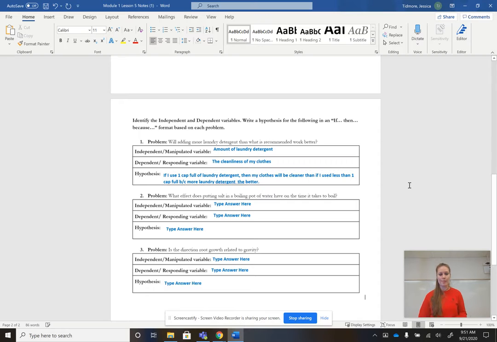So for this example, I did use my independent and my dependent variables, and I said because the more laundry detergent I use, the better my clothes will be.